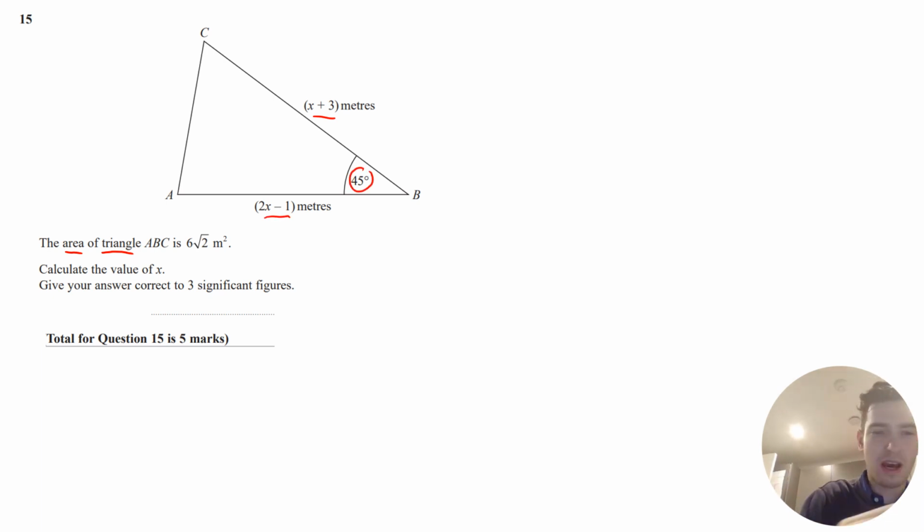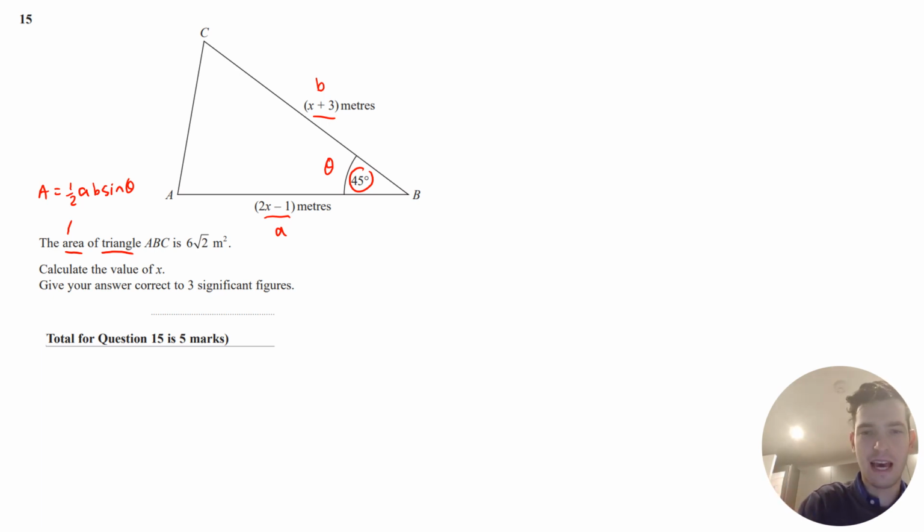So straight away, I'm going to write down my formula for area of a triangle: half AB sine theta. So I think that the first thing I'm going to write down is an equation connecting all of the information. So let's call this side A, this side B. Doesn't matter which way around we put A and B. And this angle 45 is theta.